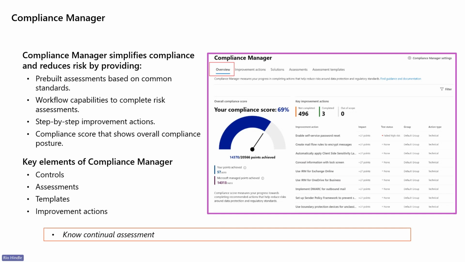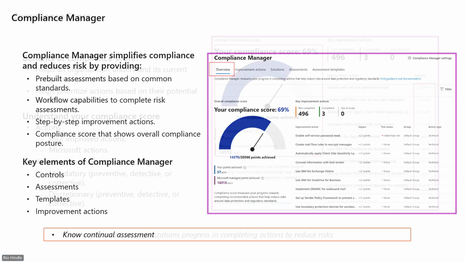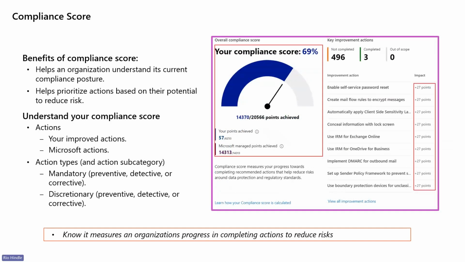The compliance score, if we dig a bit deeper, is a calculation that helps an organization understand its overall compliance posture by measuring how it's progressing with improvement actions. Compliance score, in a bit more detail, is obviously taking up recommendations that improve the score, and this score can help organizations to understand its current posture and prioritize actions based on the potential to reduce risk.